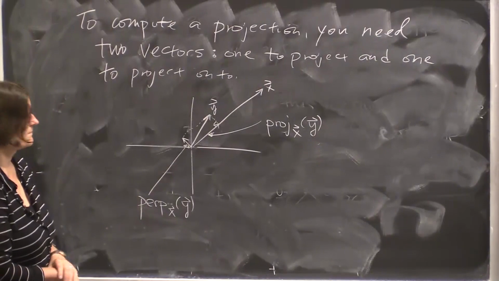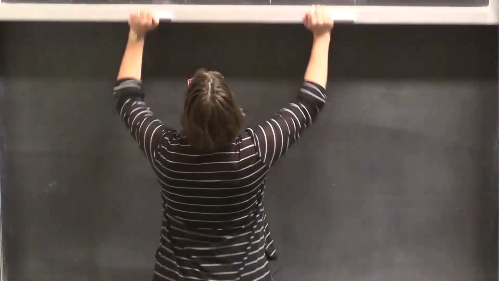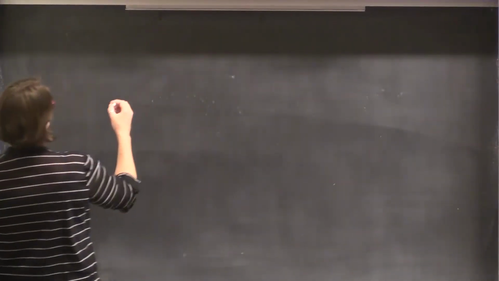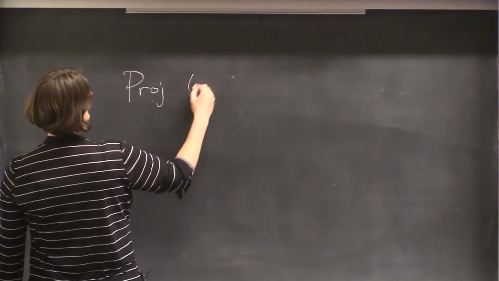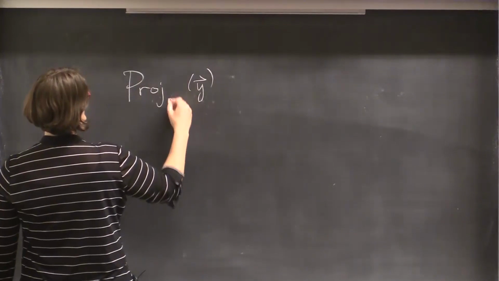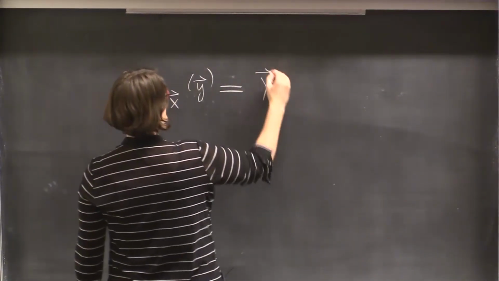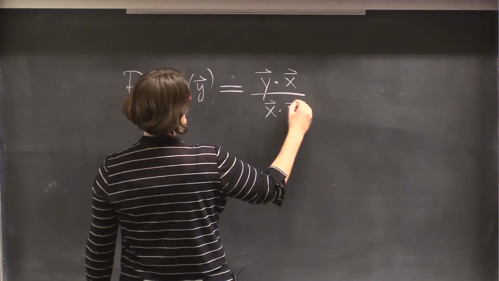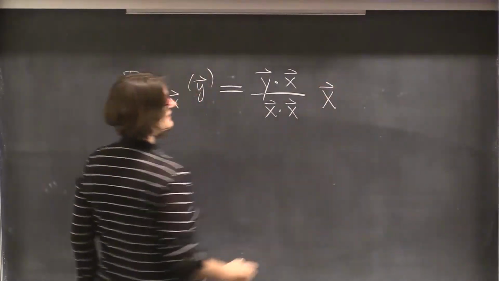So that was what we did, and I derived the formula in two different ways. There was a geometric derivation and an algebraic derivation, but one way or another, the projection of y onto x is equal to y dot x divided by x dot x, a number multiplied by the vector x.